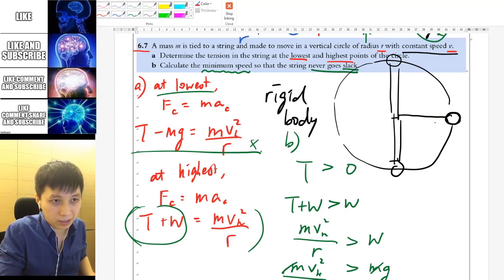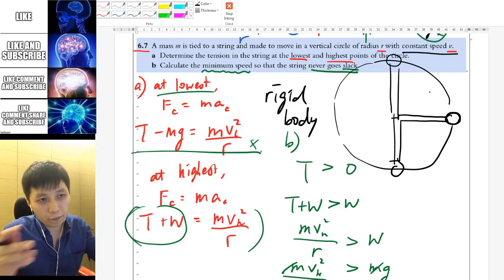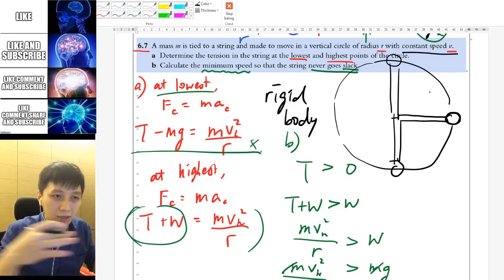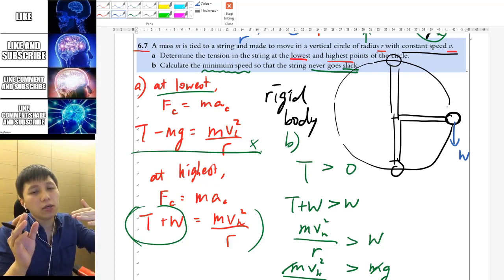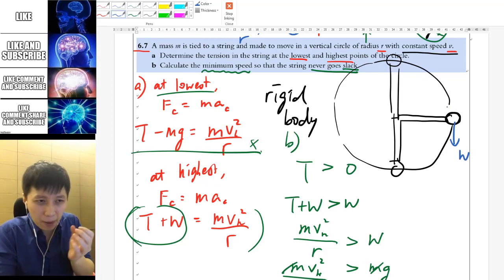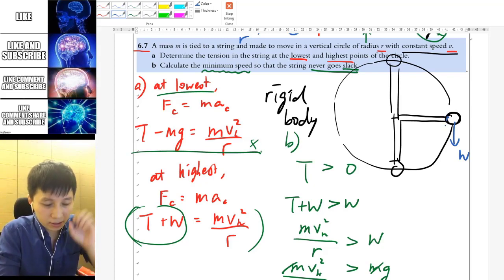It is not necessary for a rigid body like a stick to have the tension or the force going along the stick direction. The weight is still pointing down, but think about the connecting part, like this area here.